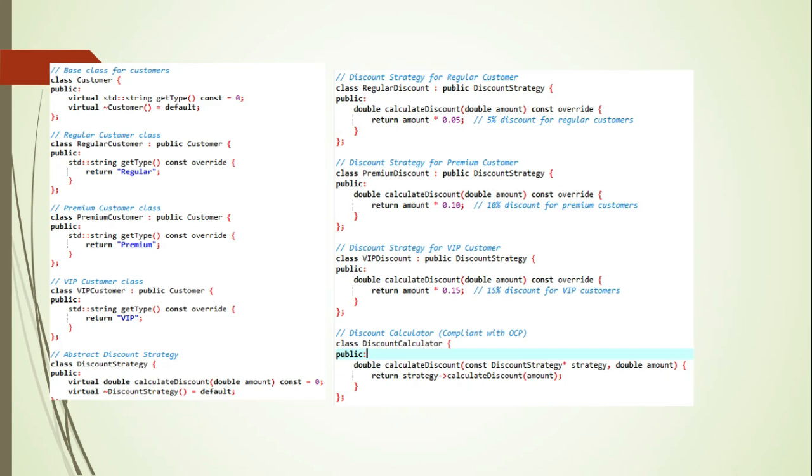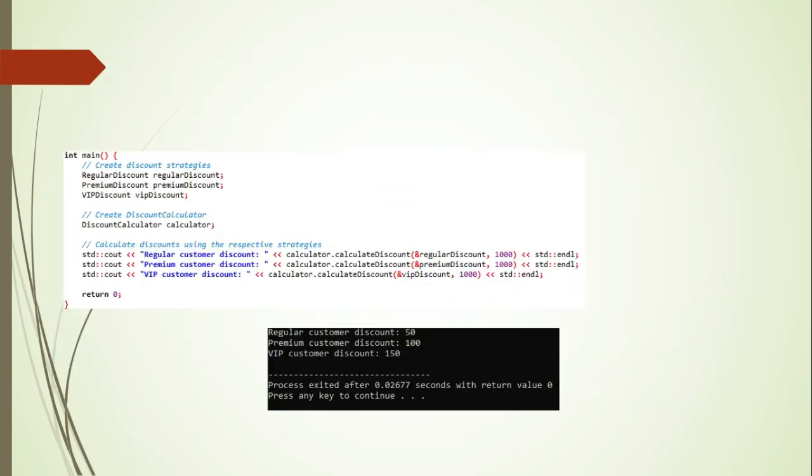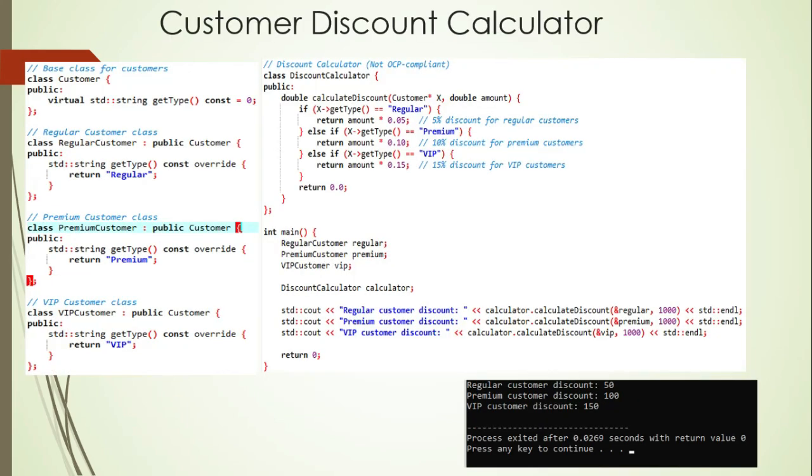So no need to modify the discount calculator for a new strategy. The discount calculator is designed to work with any type of discount strategy since it relies on polymorphism. The actual method for calculating the discount is determined at runtime based on the type of discount strategy object passed to it.